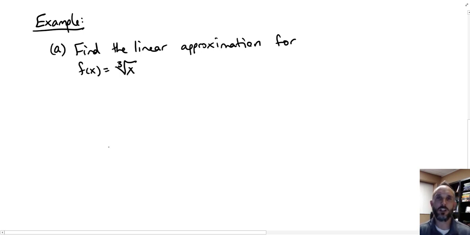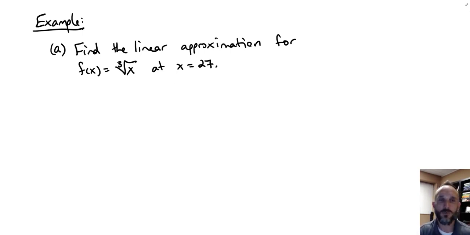Now, the cube root of x is a curve, and when we say a linear approximation, we have to pick a part of that curve to approximate. So find the linear approximation for this curve at x equals 27. Usually you want to do this near a nice input for the function. In this case, 27 is a decent input for a cube root because we can easily calculate the output of the cube root function for the input of 27. Okay, so here we go.